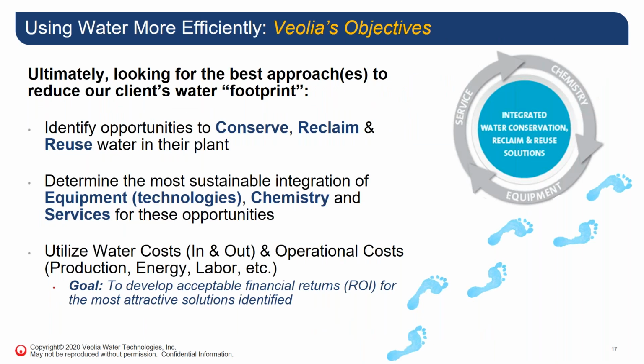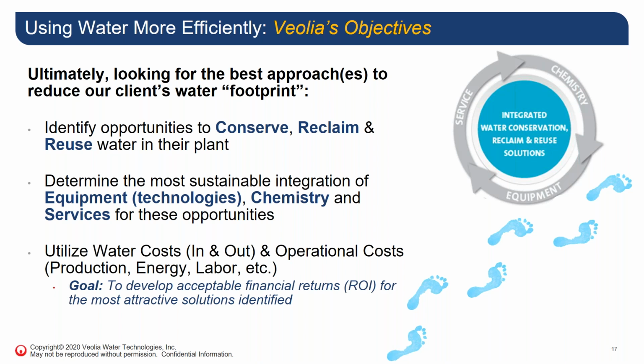So what are we trying to do here? Well, as a large water treatment company, matter of fact, the world's largest water company, we're trying to work with our clients to reduce their overall water footprint. So first and foremost, identify opportunities where we can conserve water, reclaim water, or reuse water in your plants.